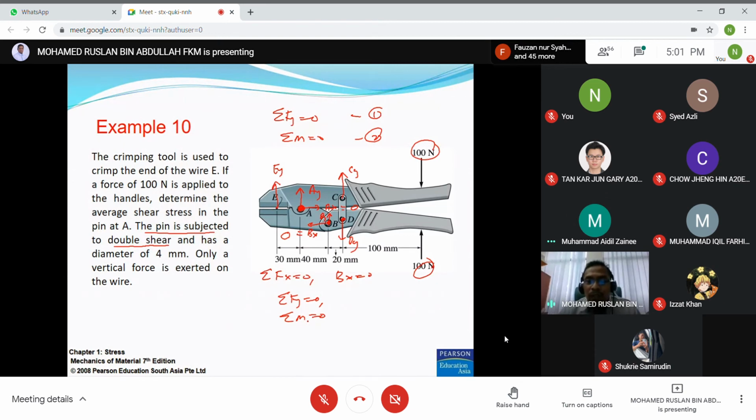But if you want to make your answer shorter and save time, choose the moment at point B or D. Better you choose point D.